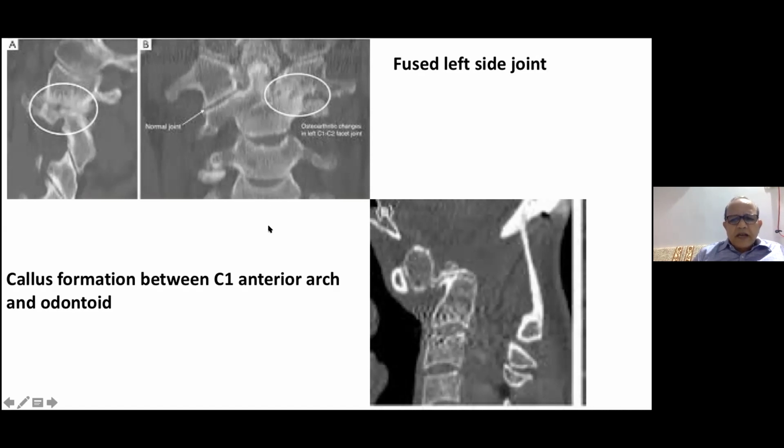There may be a callus in between the odontoid process and the fracture odontoid, which is attached to C1. So this callus prevents the correction of dislocation. And once you cannot do it, by any means you have to take out this callus so that this comes back posterior. So you have to go from anterior approach in certain percentage of patients.